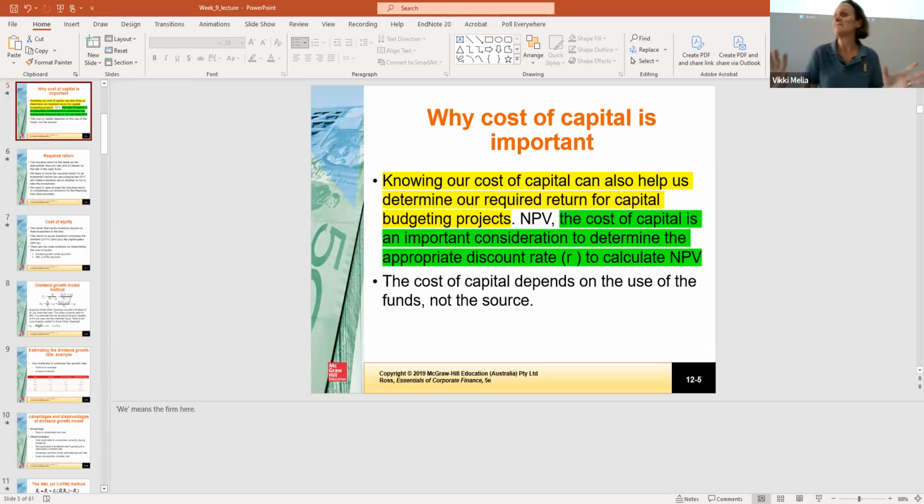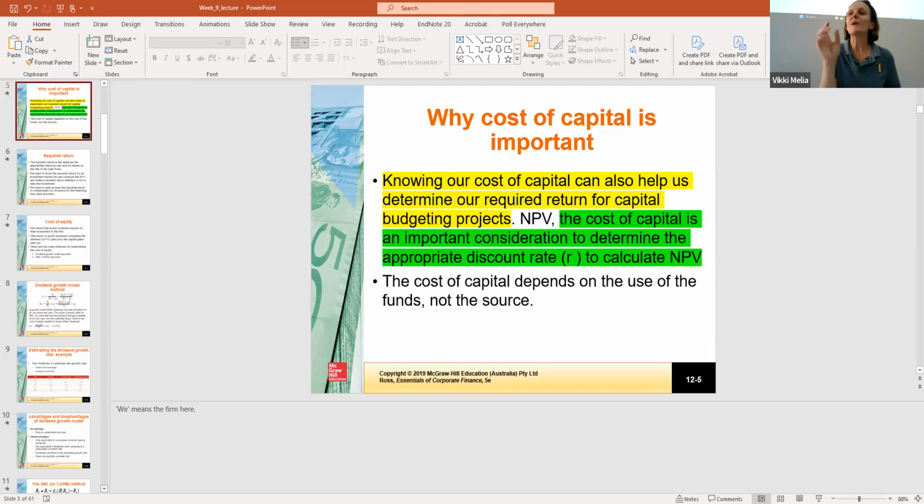So we've done the investment decision. We've looked at calculating net present value, and we've seen how we can use Excel to calculate the internal rate of return. But when we did that topic, we just gave you the discount rate. We gave you R. We said, this is the company's required rate of return.